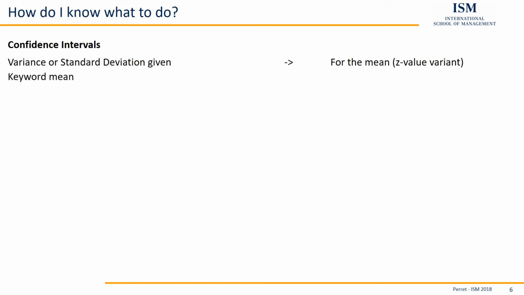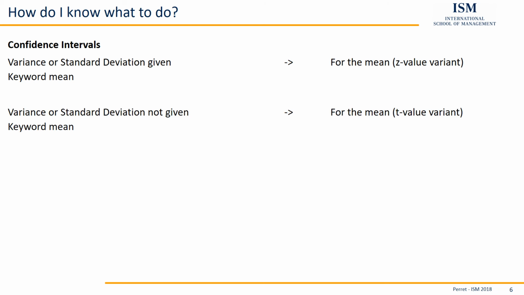Then, if you have the variance or the standard deviation, you can use the Gauss version, or the version using the Z distribution. If you don't have the variance or the standard deviation, it's still on means, then use the T distribution variant.